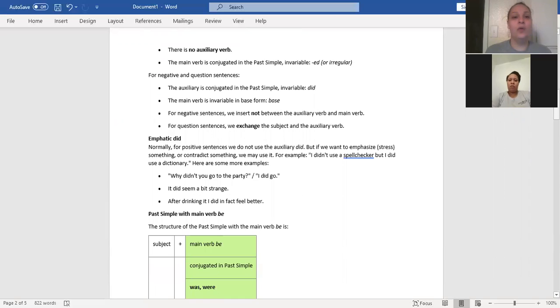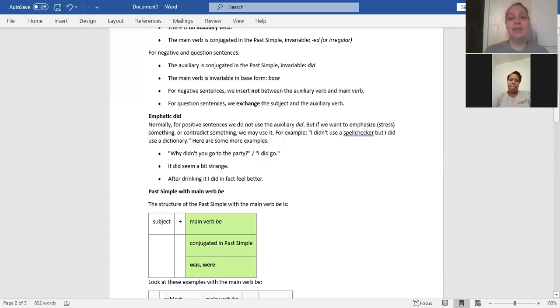For negative and question sentences, the auxiliary is conjugated in the past simple, invariable, did. The main verb is invariable and base form. For negative sentences, we insert not between the auxiliary verb and the main verb. For the question sentences, we exchange the subject and the auxiliary verb.